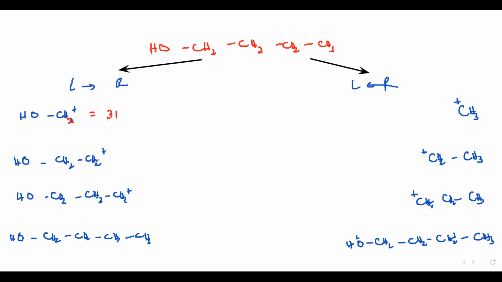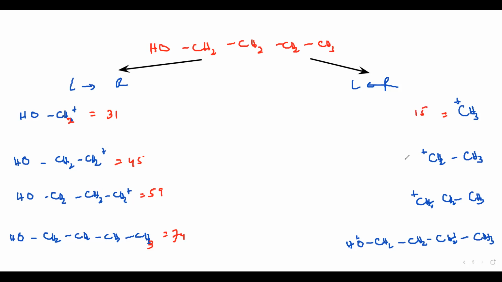31 plus 14, this will be 45, and 45 plus 14, 59, and 59 plus 15, sorry, because this is CH3. So the molecular ion peak will be 74. What about this one? This is 15 because CH3 is there.